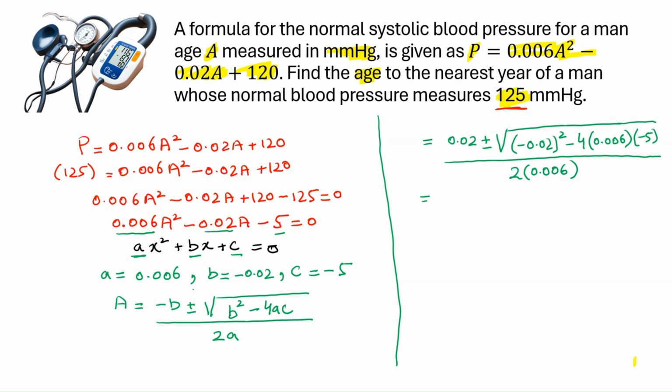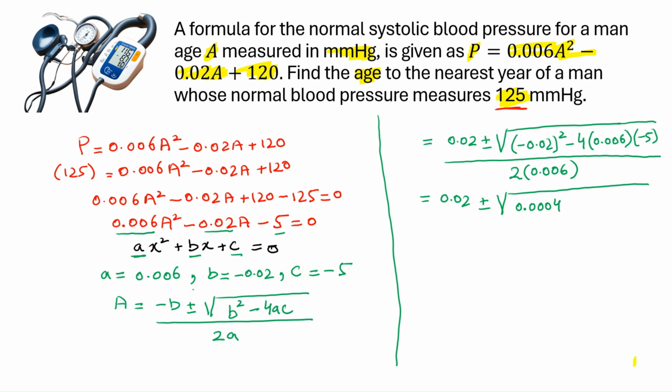So I have 0.02 plus minus the root. If we take the square of the negative term, it becomes positive, 0.0004.